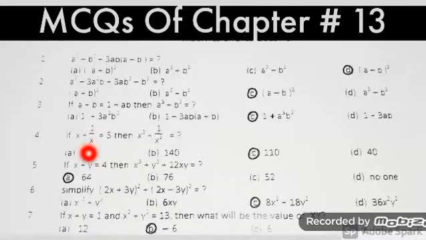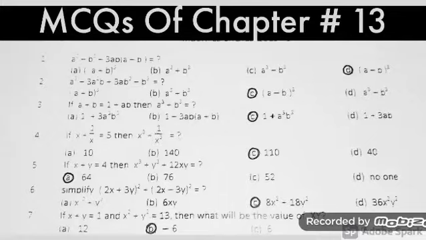X plus 1 by x whole cube will be equal to x cube plus 1 by x cube plus 3 multiplied by x multiplied by 1 by x multiplied by x plus 1 by x is equal to 5 cube. After solving this question, the value of x cube plus 1 by x cube is equal to 110. This type of questions you have solved in the exercise 13a, and this is a very simple question.